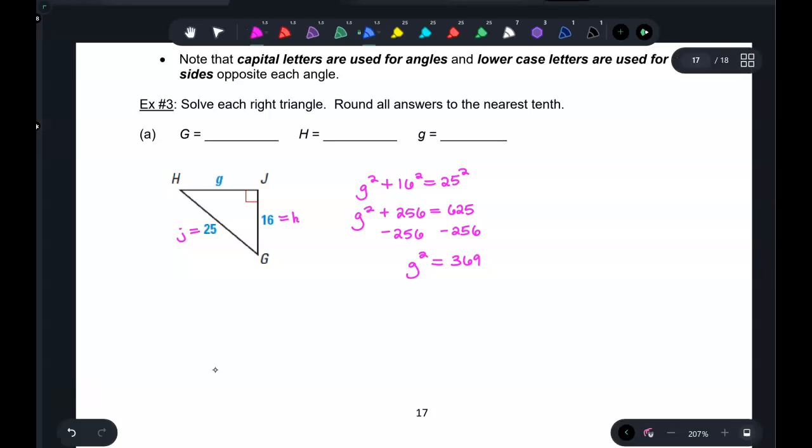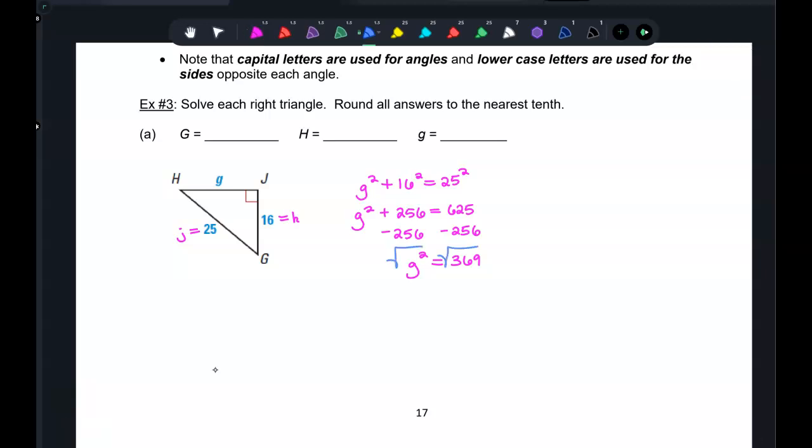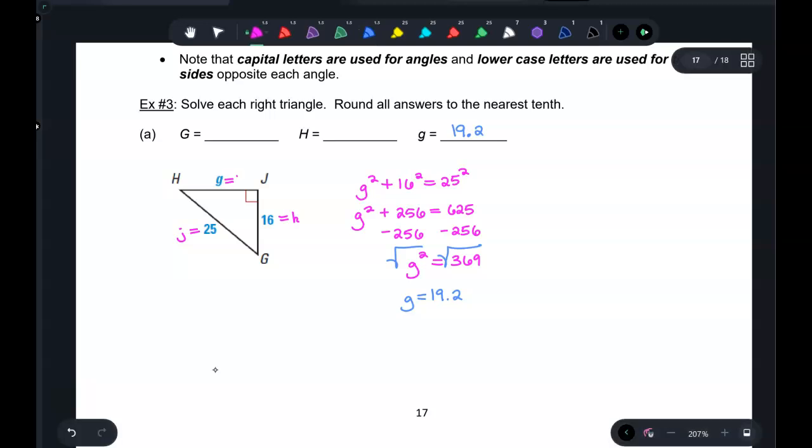And then we want to take the square root. What did we get? 19.2. Excellent. So I'm going to put lowercase g is 19.2, and I can also label the picture. So we got this as 19.2.